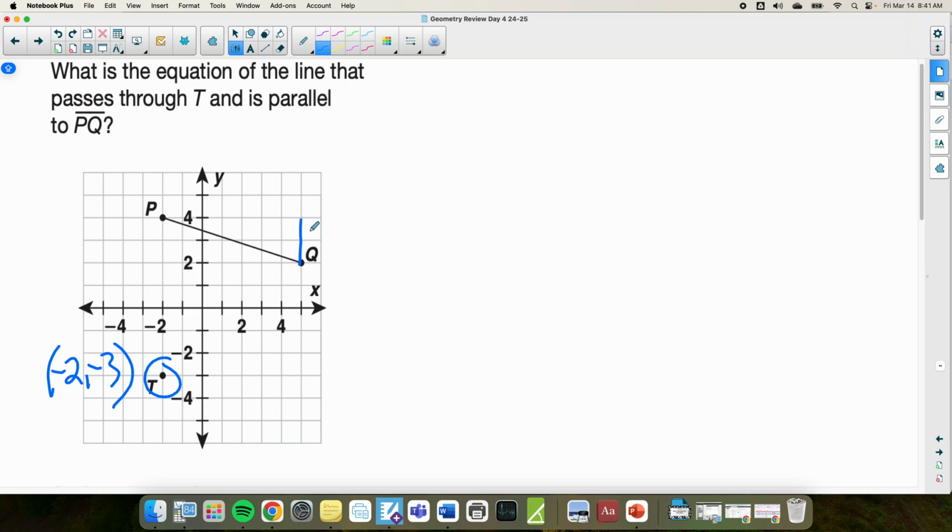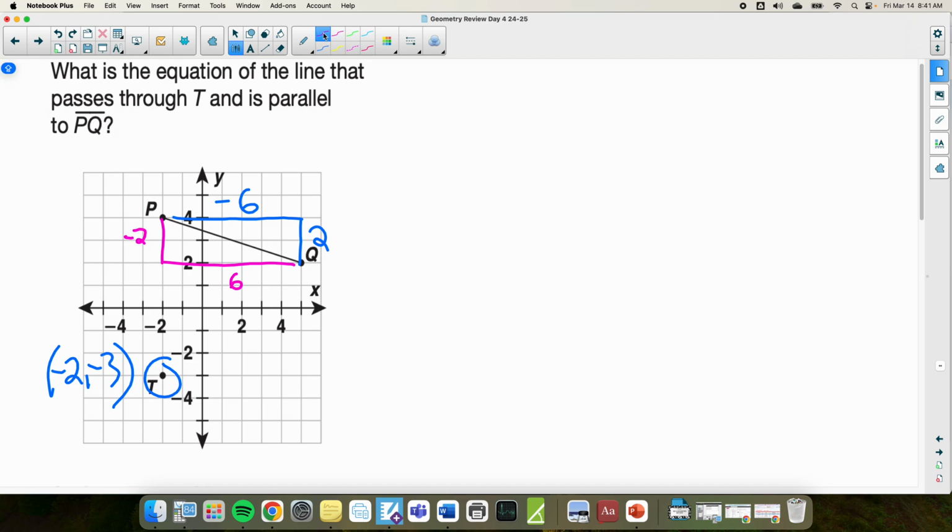So we're going to go up 2, which is going to be positive, and then we're going to go to the left 6, so that's going to go negative. And it doesn't matter what way we do it. If we went this way, we'd be going down 2, so that'd be negative 2, and then we'd be going to the right, which would be positive 6.